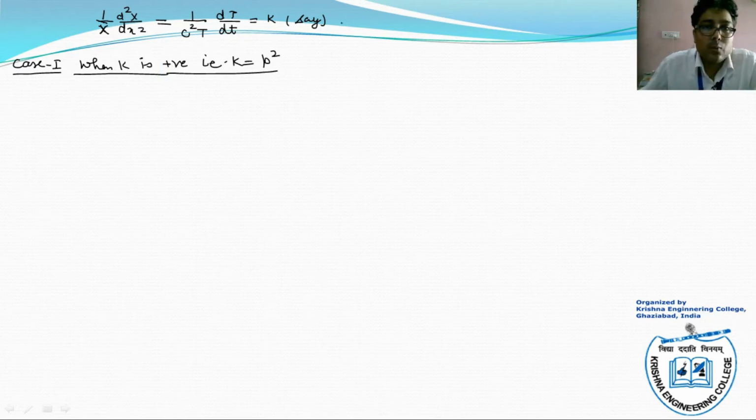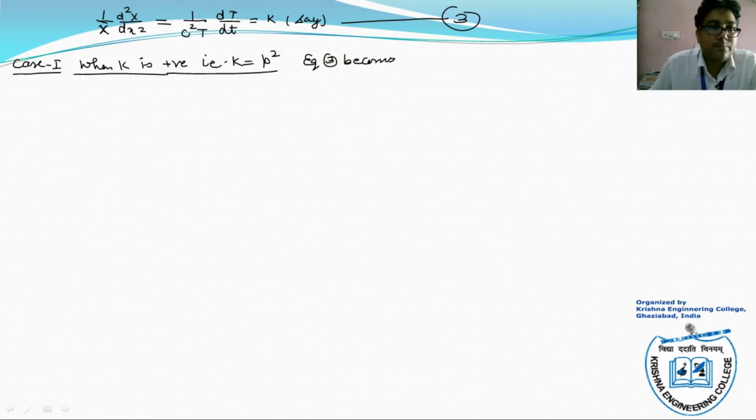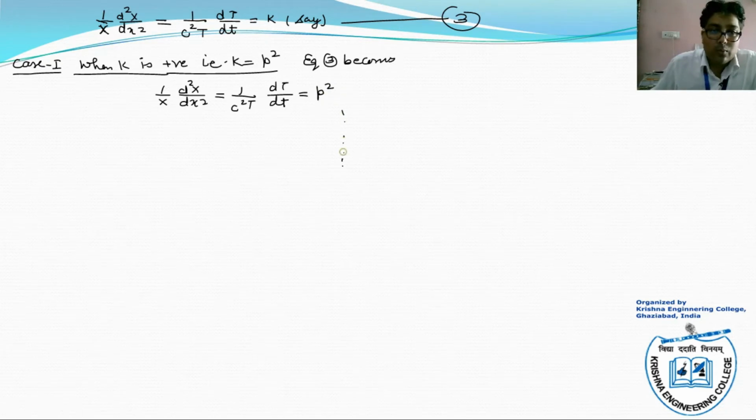So this is the equation third. The equation third becomes 1 upon capital X d square capital X over dx square equals 1 upon c square capital T dT over dt is equal to p square. Clear? For better use of this, we divide the page into two parts. Clear?